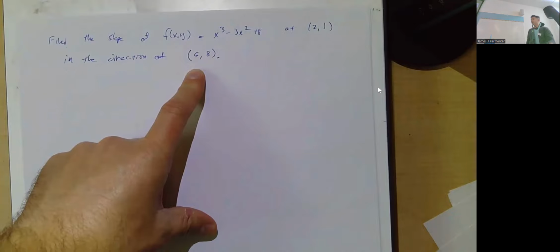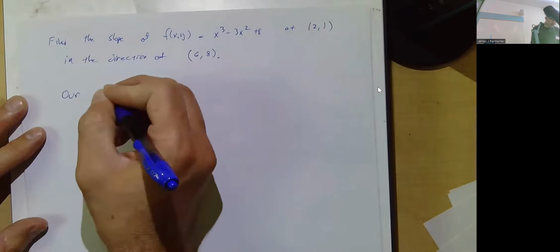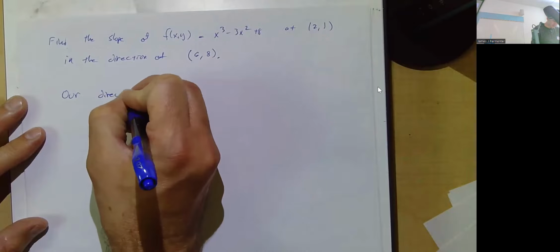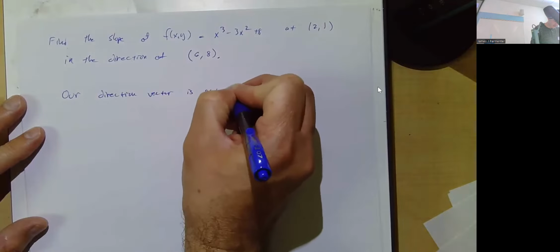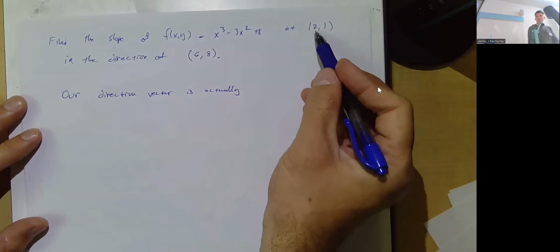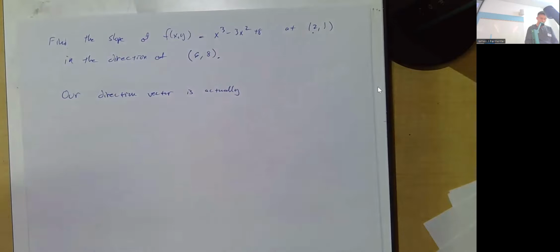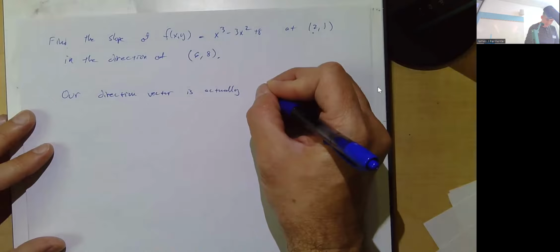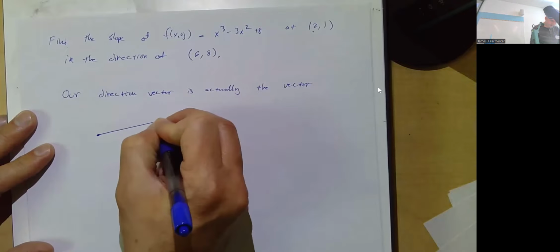It's a point. So the vector that's actually giving us our direction is the vector that takes us from the point of tangency to the point that we're going towards. I'm just going to draw it.